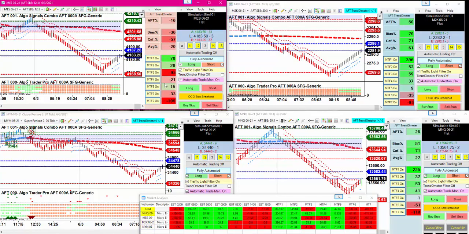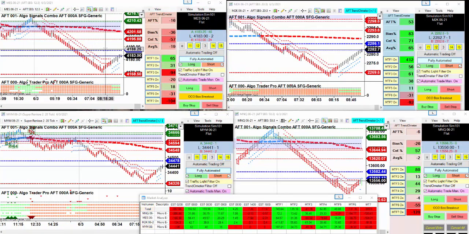What we're looking for, and I believe the default is, when the AFT percentage is greater than plus 50, we can take long trades. When it is below minus 50, then we're looking at short trades. You see its AFT percentage right now is minus 15, so it's telling you it's neutral. We probably wouldn't look for longs or shorts.